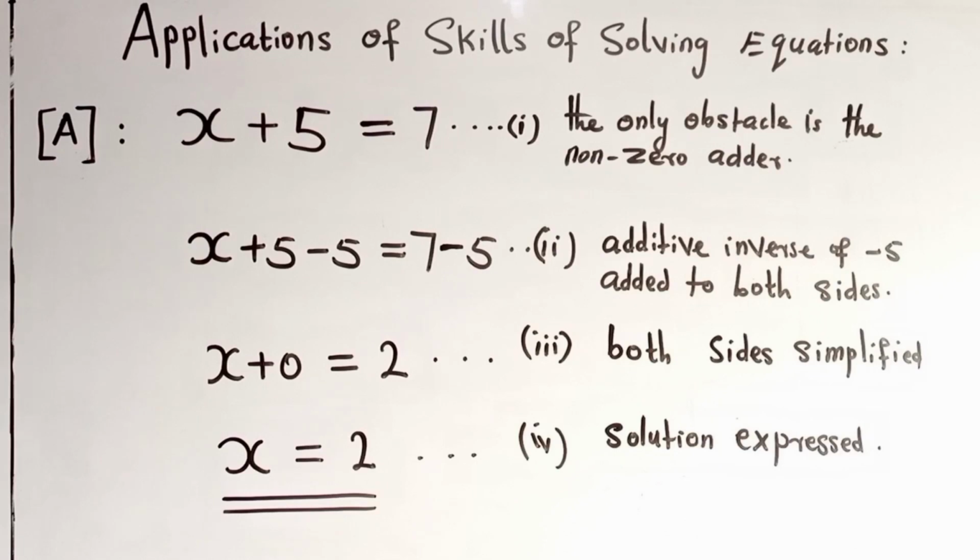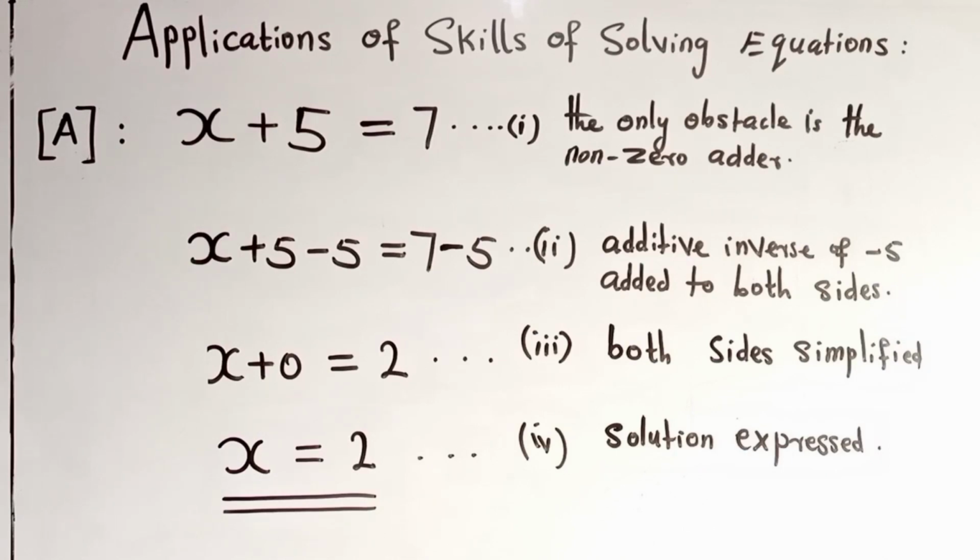At this point, we are going to start with the first example that will help us see how to apply one of those 12 skills we just listed. Here, we seek to apply the first skill, which is making an adder become 0. Let us see. By means of solving selected equations, we learn these skills one after the other.